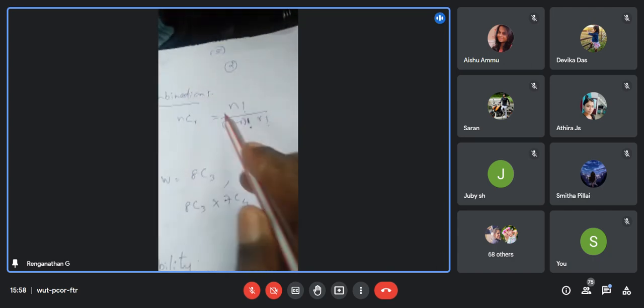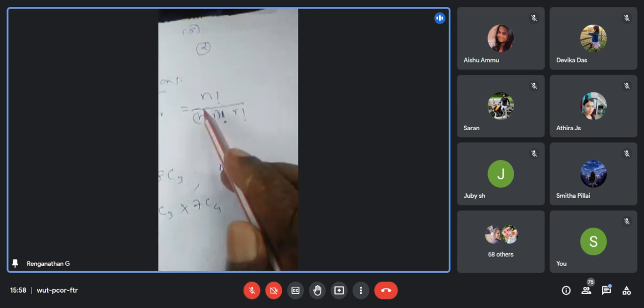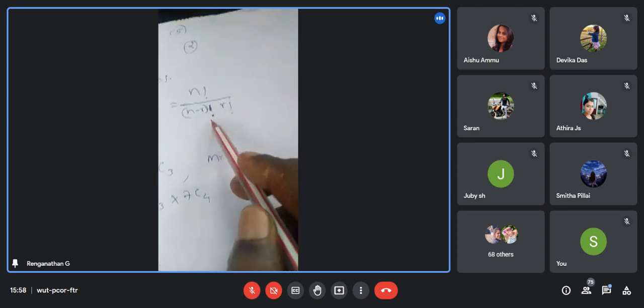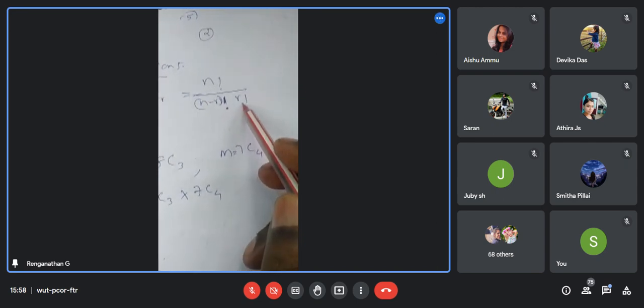So nCr is equal to n factorial divided by (n minus r) factorial into r factorial.